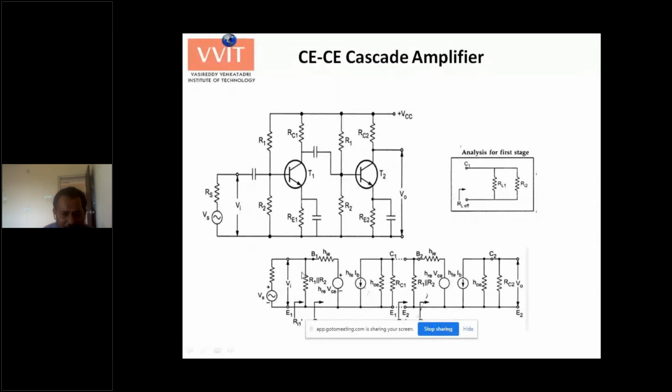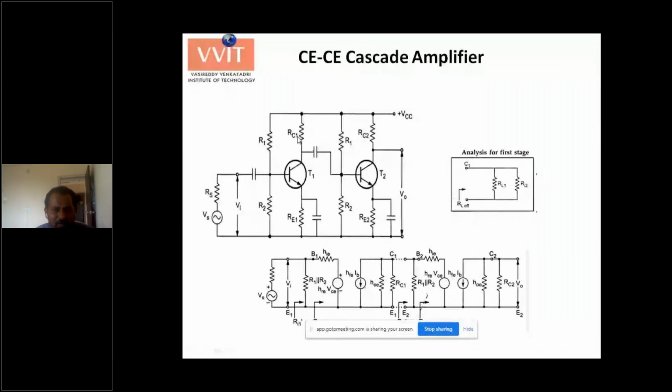Then find R01. After finding R01, while finding R0, you need the source resistance. The source is connected to only the first stage. The source is not connected to the second stage. That means you may think that the source resistance for the second stage is 0. It's not like that.